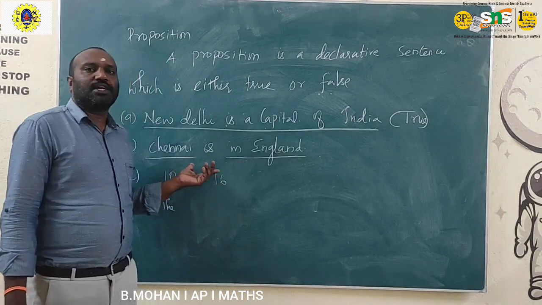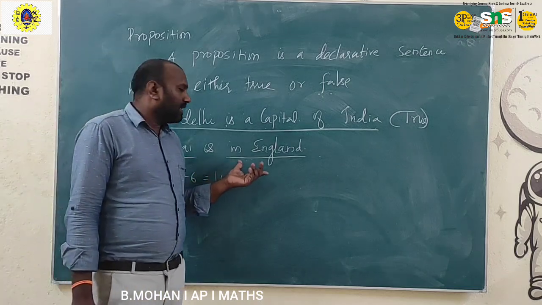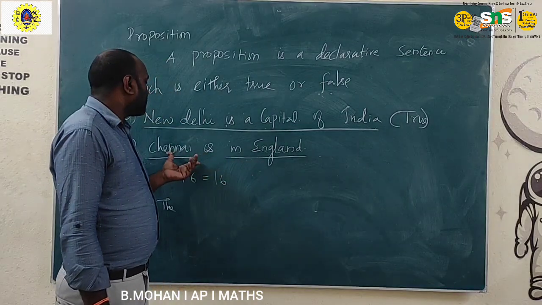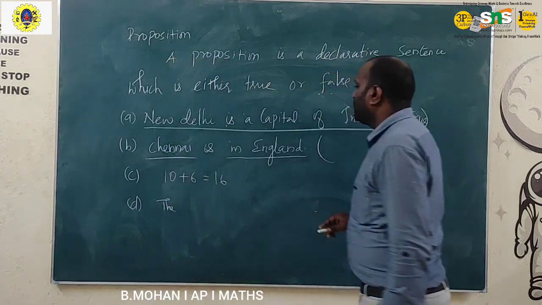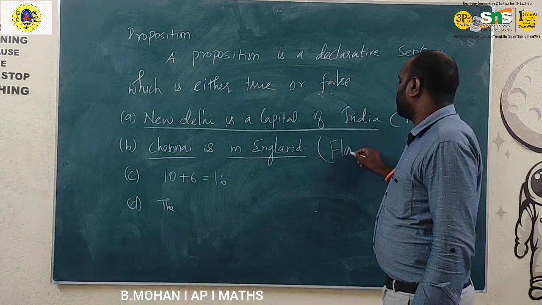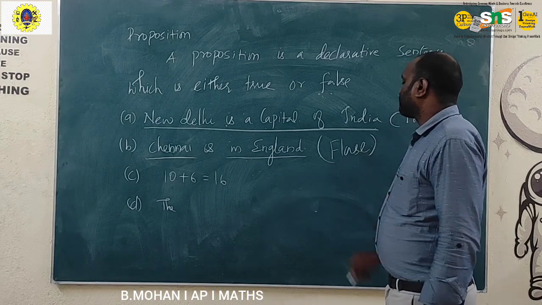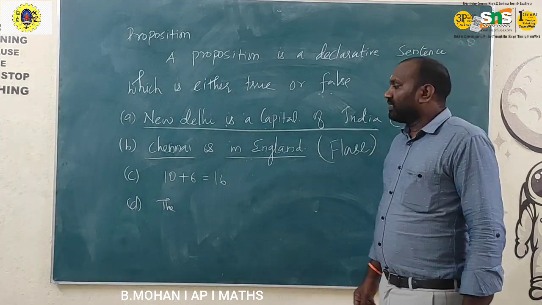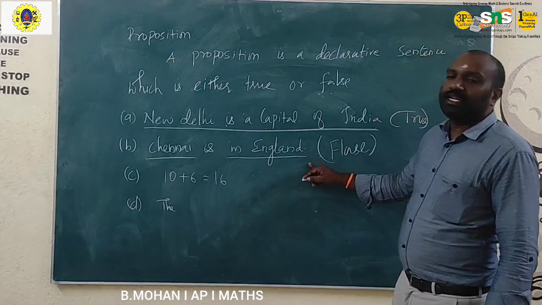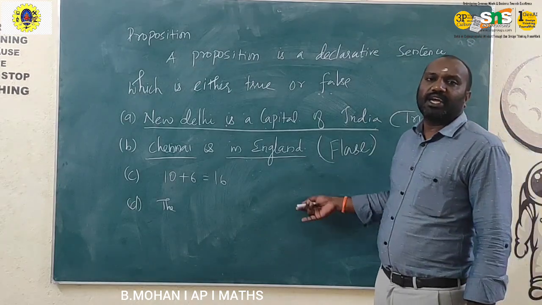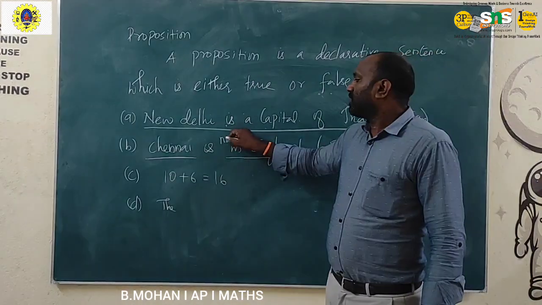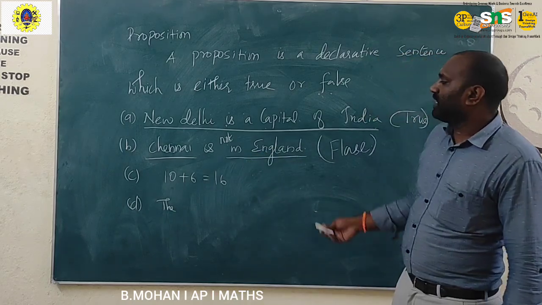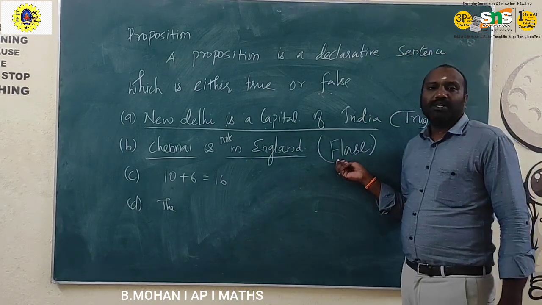So with this statement, the person will know very clearly that it is a false statement, because Chennai is not in England, Chennai is in India. So that statement is absolutely false.